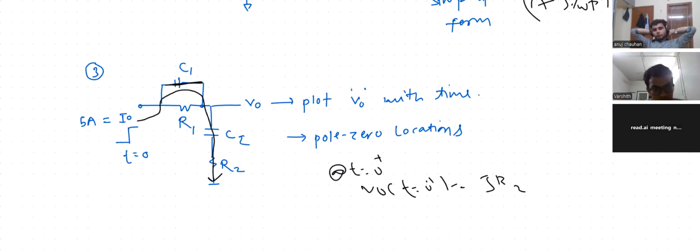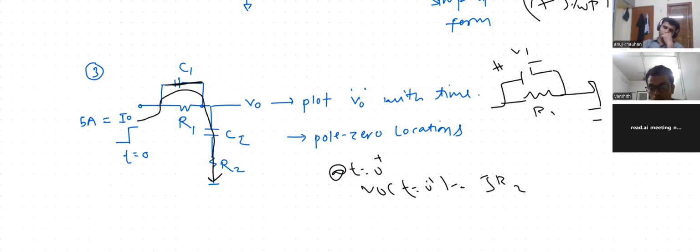And then due to the current flowing through C1 and C2, there will be voltage developed across it, sir. Let's say some V1 volt. R1, C2 and R2. Then what happens is the current through this will decrease, sir. It would be less than 5 ampere. Here the current would be constant 5 ampere only, sir.